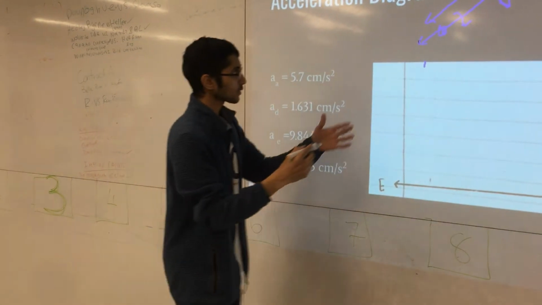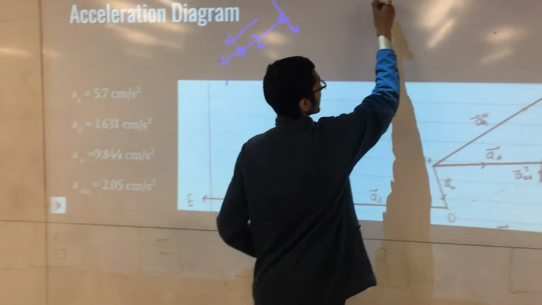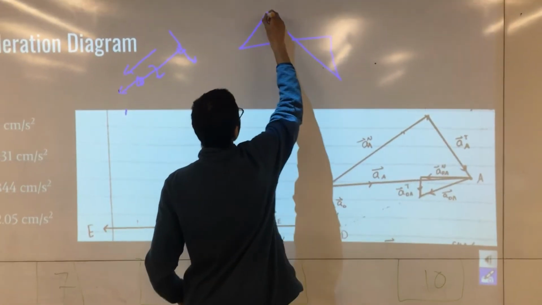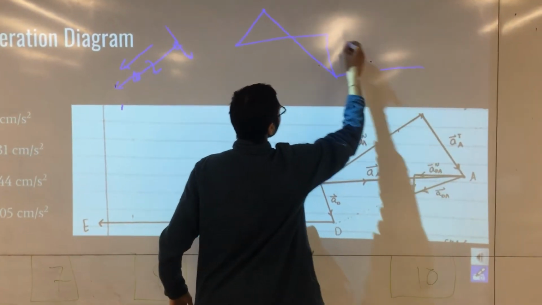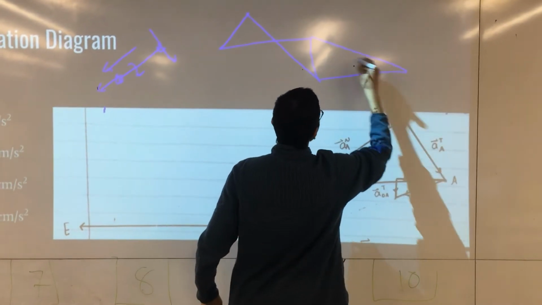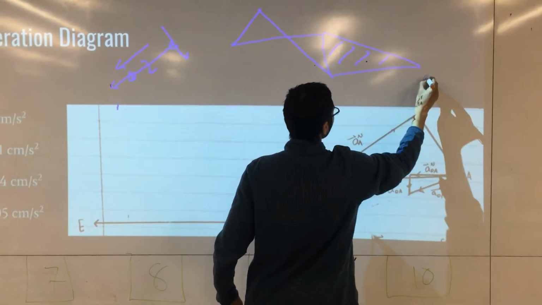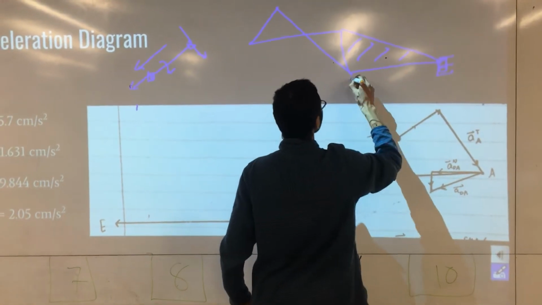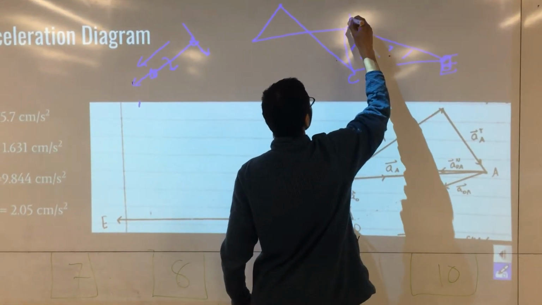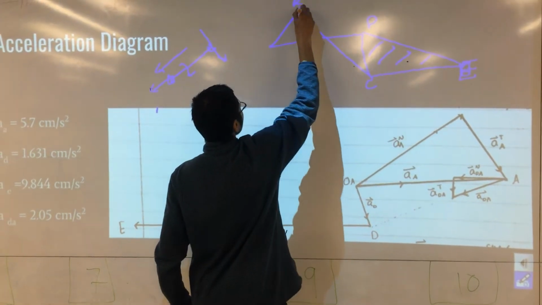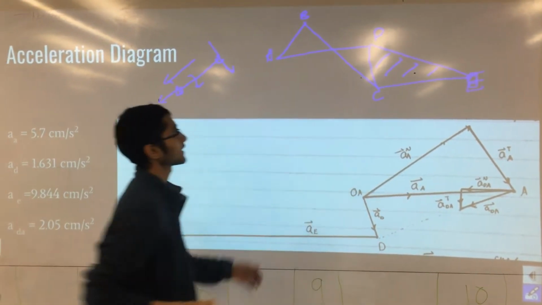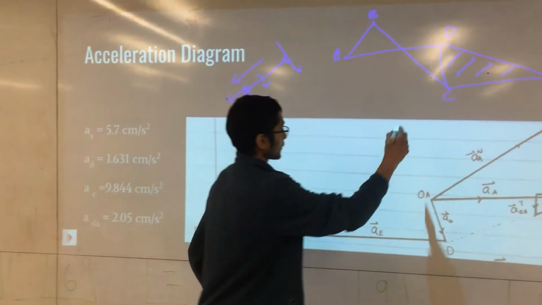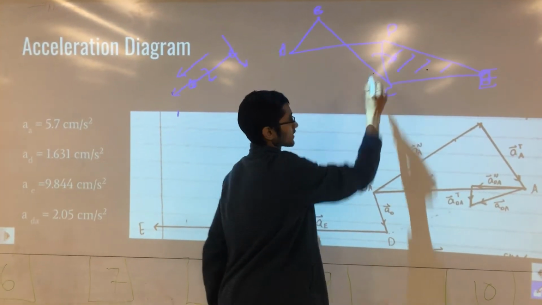So we said that our 4-bar linkage looked like this, where that was point E, C, D, B, A. We gave this a constant angular velocity.